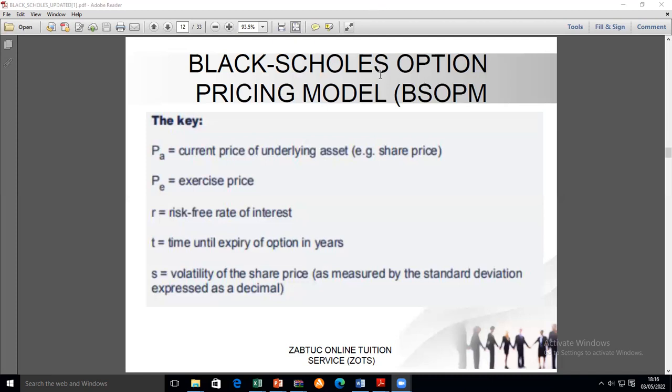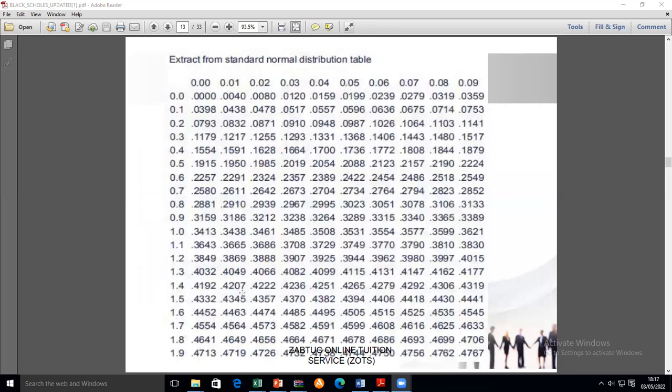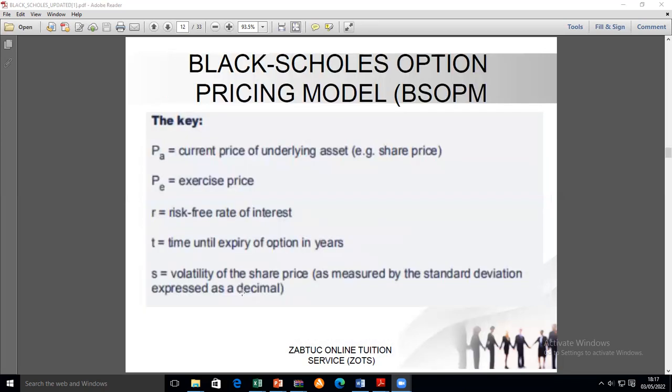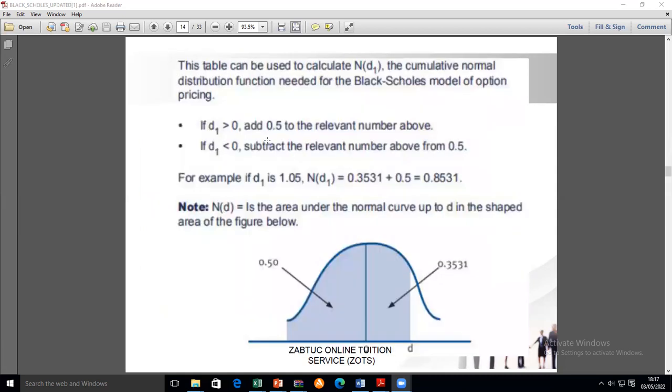So these are the variables that we have in here: the PA, the PE, the T, the S. Once we have these, we can find our D1 and D2. Then from there, we have got ND1 and ND2.